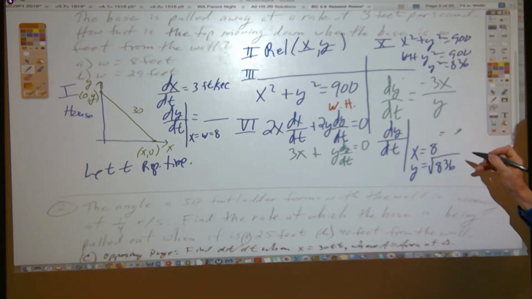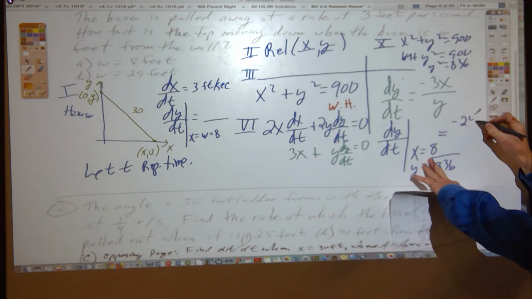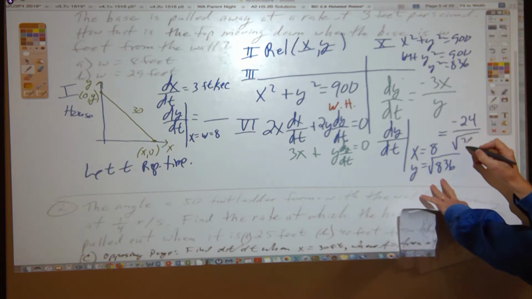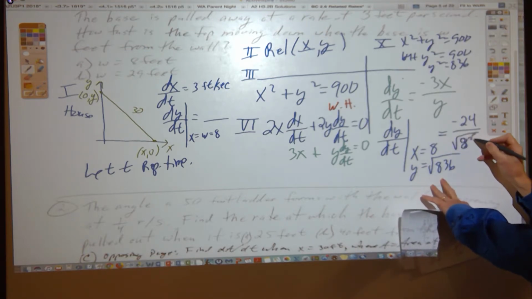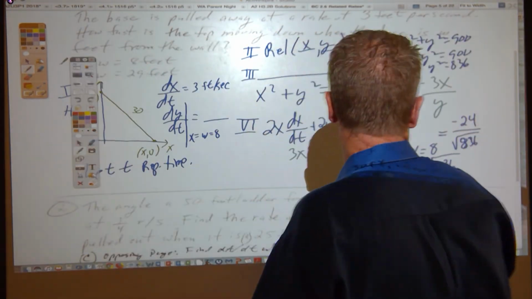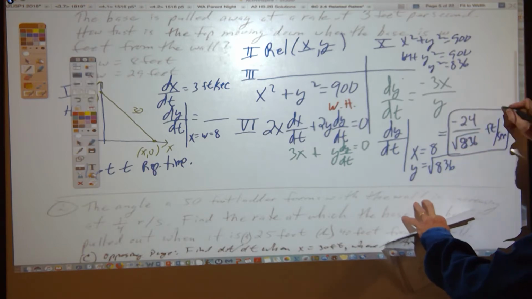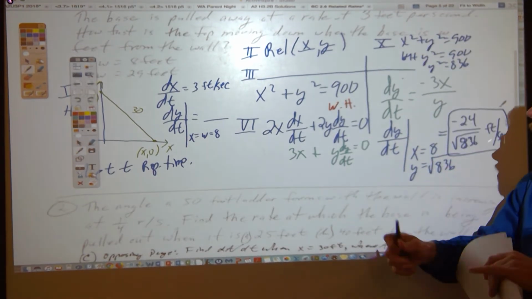The answer is negative 3 times 8, which is negative 24, over the square root of 836, and that's feet per second. Of course it's negative because dy/dt is going down.